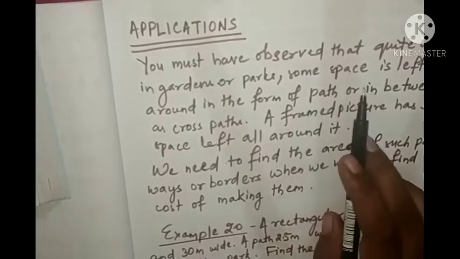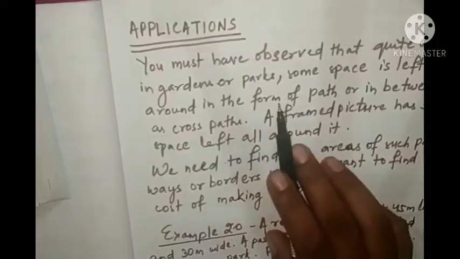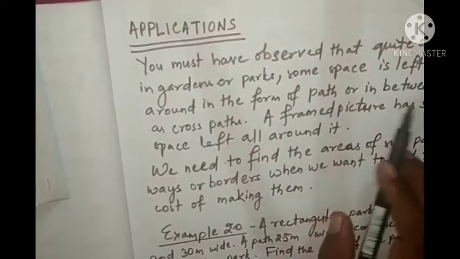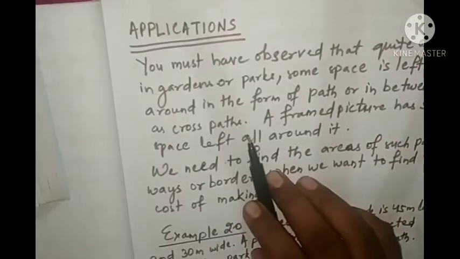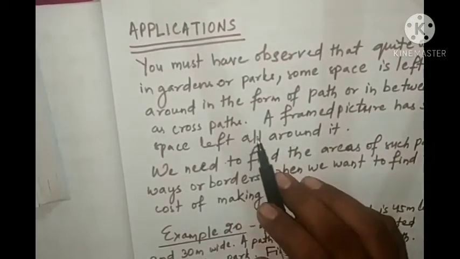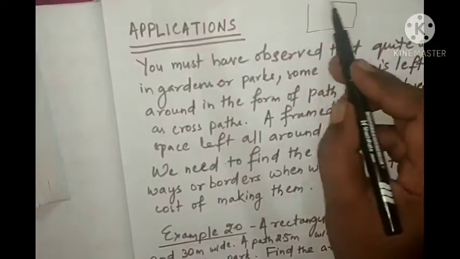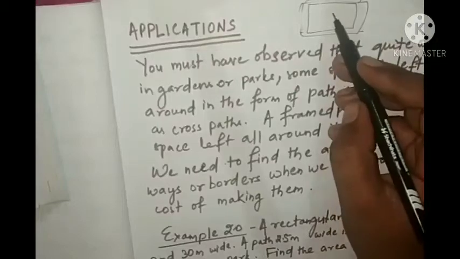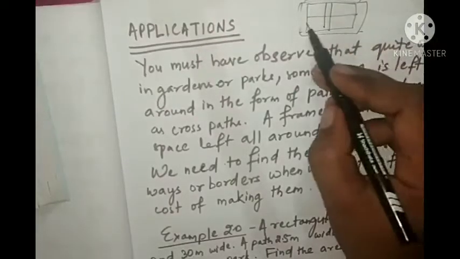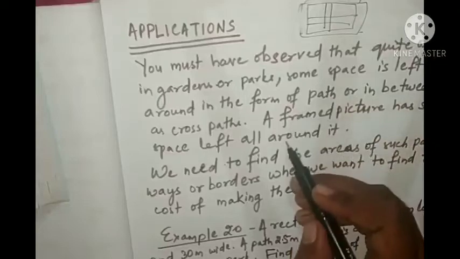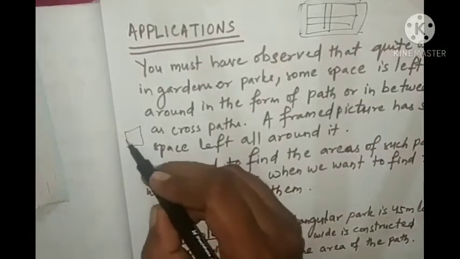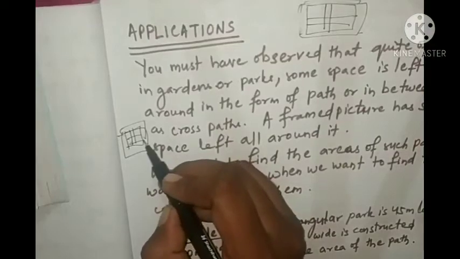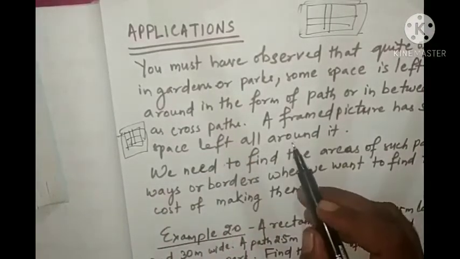You must have observed that quite often in gardens or parks some space is left all around in the form of path or in between as cross path. So you are seeing in garden or parks, you can see outside of garden some path will be there, some space will be there, or inside the garden you can find some space. Or any park.